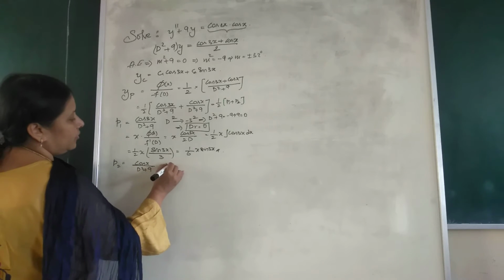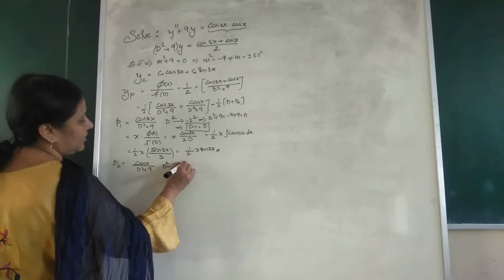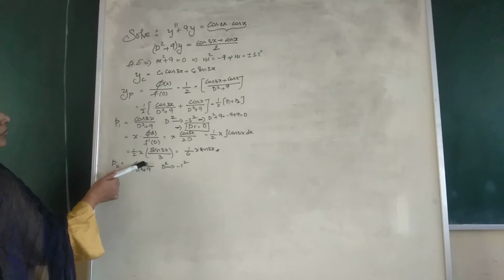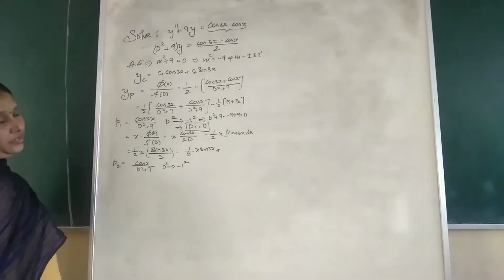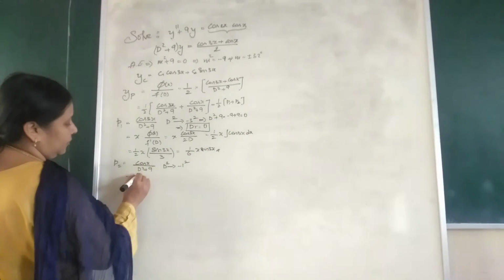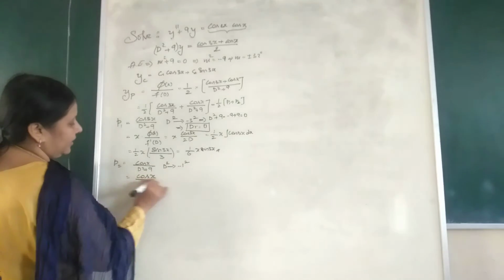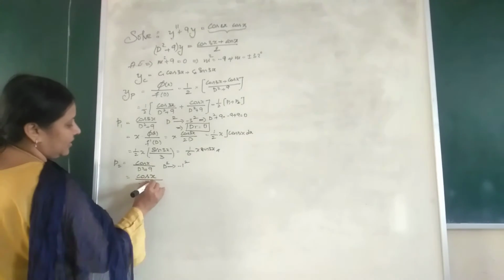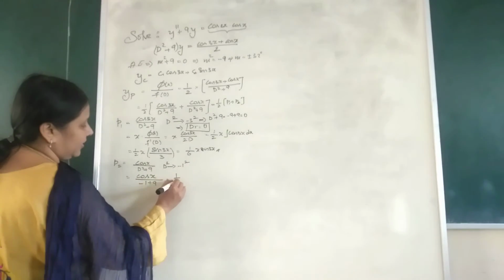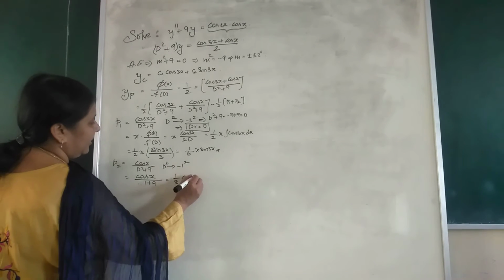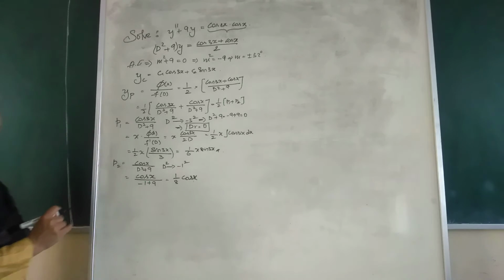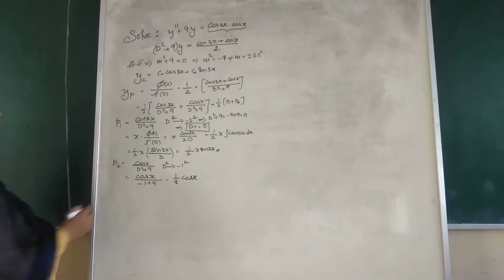Here D square should be replaced by minus a square, and a is the coefficient of x, which is 1. So we don't get a zero denominator in this case. Directly substituting, cos x divided by minus 1 plus 9 is going to be 1 by 8 cos x. Understood? So this is our P2.